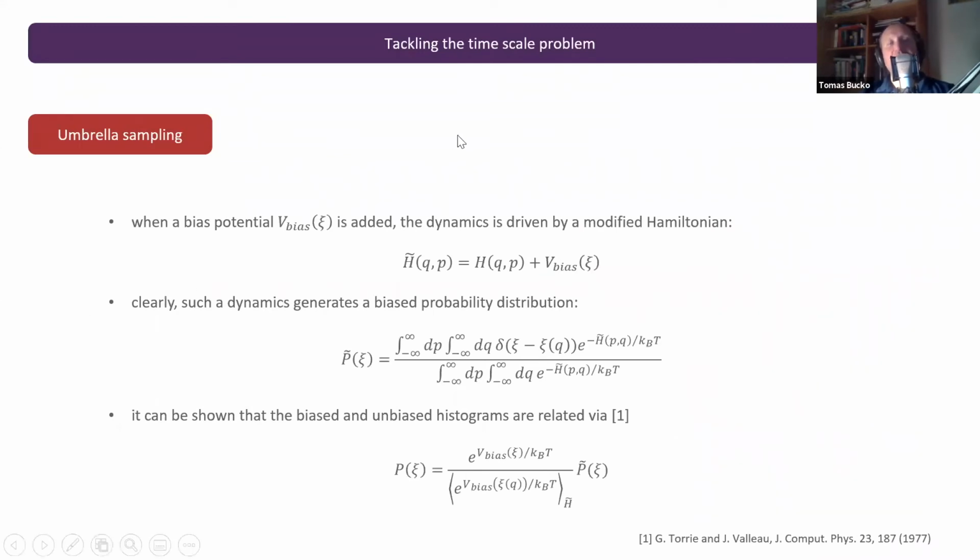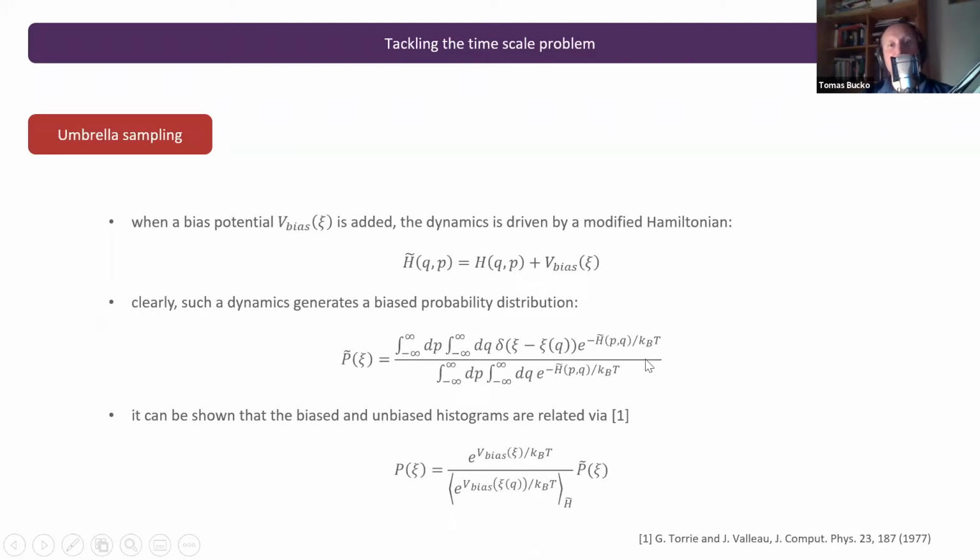Now, of course, when you add bias potential to your Hamiltonian, describing the energy of your physical system, then you necessarily change the statistics that is generated by your simulation, right? Because by modifying the Hamiltonian, you basically modify this term in the definition of probability density, and this probability density is in general different from the unbiased probability density.